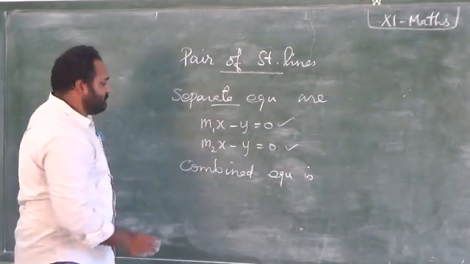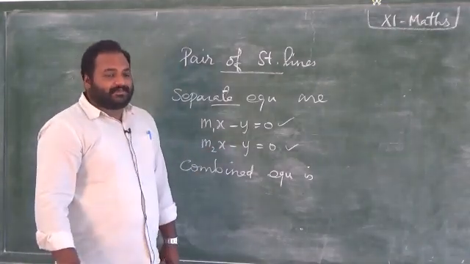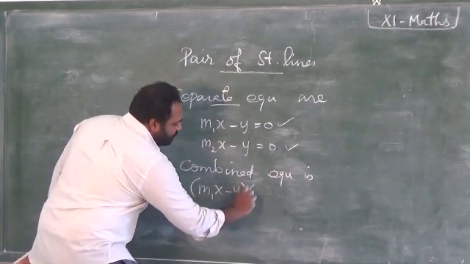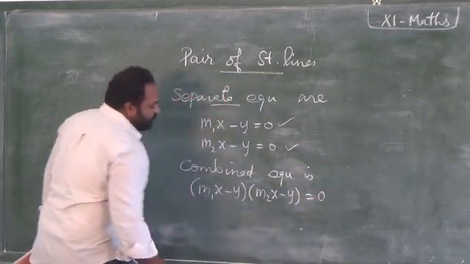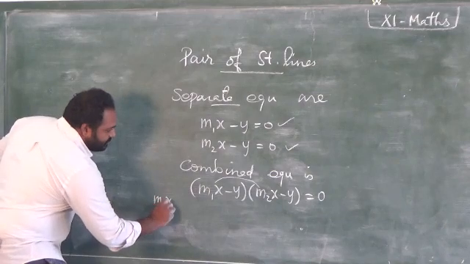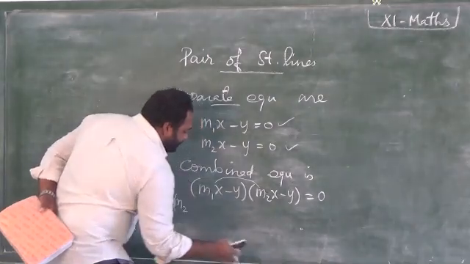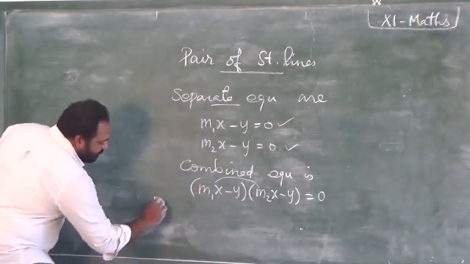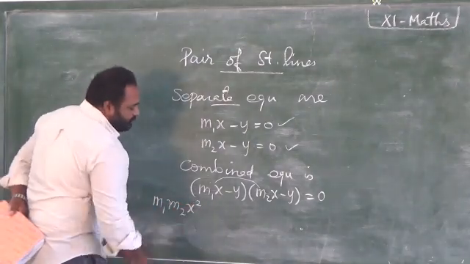If you multiply these two equations, we will get the pair of straight lines equation. So (m1x minus y) into (m2x minus y) equal to 0. Multiplying, m1x into m2x gives m1 m2 x square.